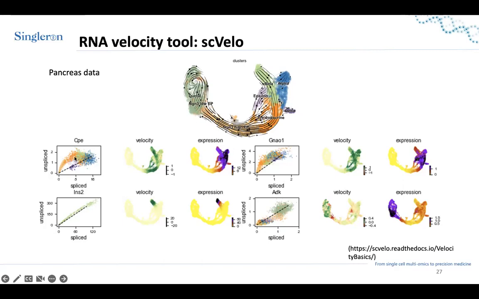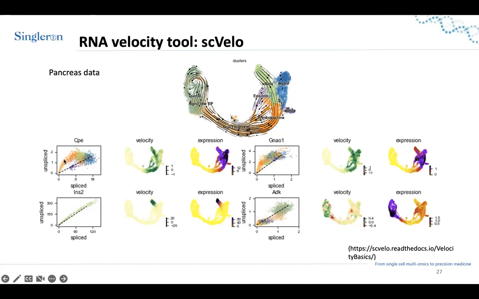Then you see this kind of curve that indicates how the unspliced counts change versus spliced counts. The shape of this curve depends on the parameters alpha and gamma, the unknowns. So you fit that curve coming from those differential equations that I had mentioned previously, and then you can determine alpha for each gene.